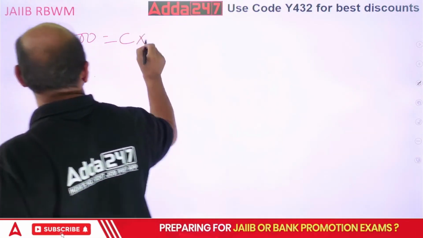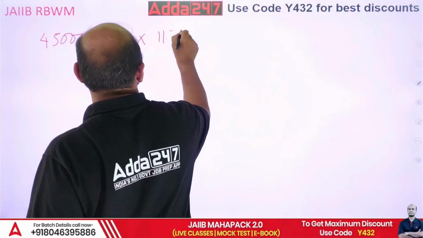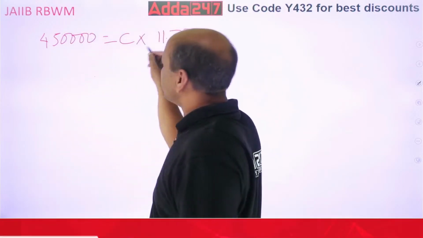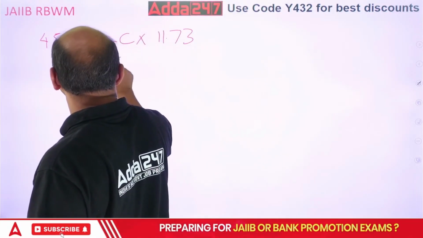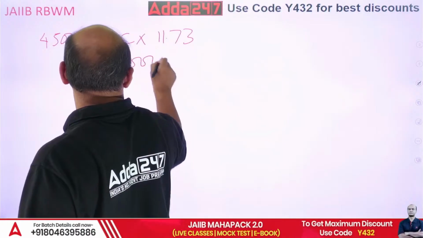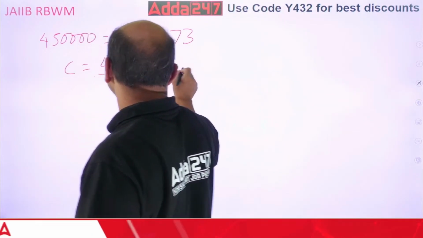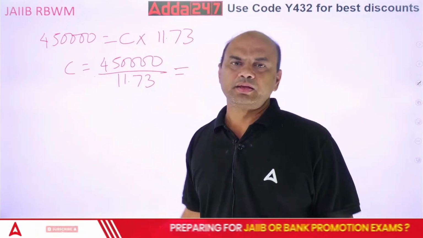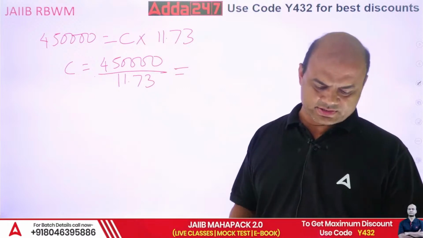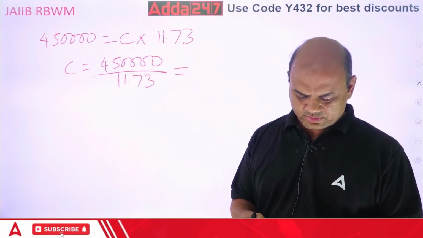C into 11.73. So now find out C. C equals 4,50,000 divided by 11.73. Getting this, everyone? Everyone check this. So what are you getting?